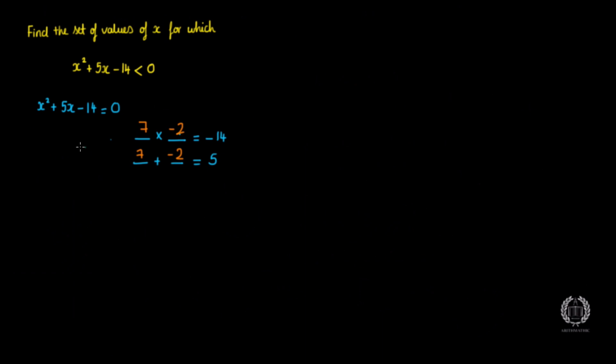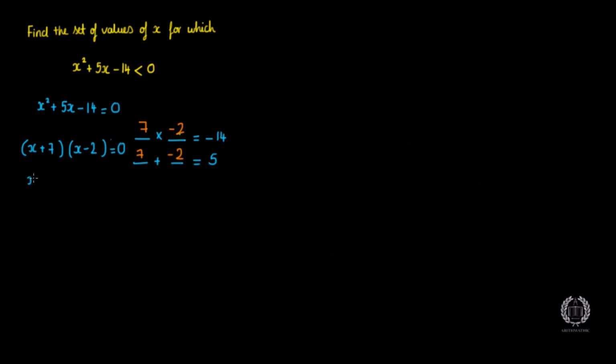Now all I do here to factorize is get my two brackets and put that equals to 0. So you have x, and then the two numbers that you found, so it's x plus 7 and x minus 2.